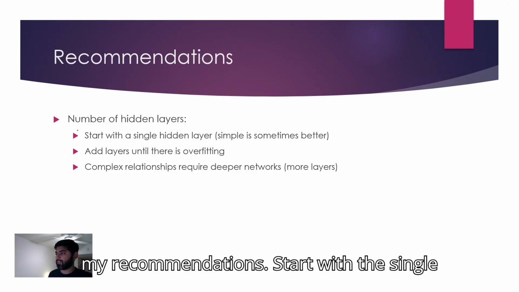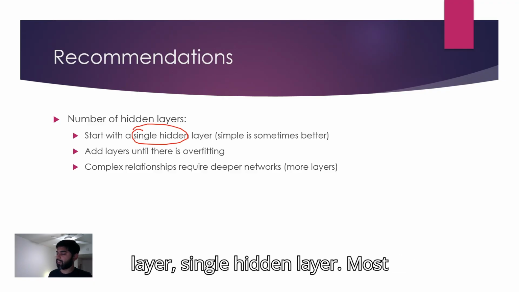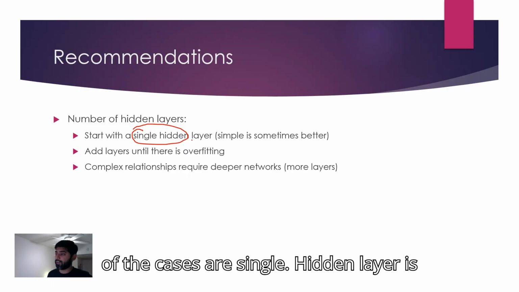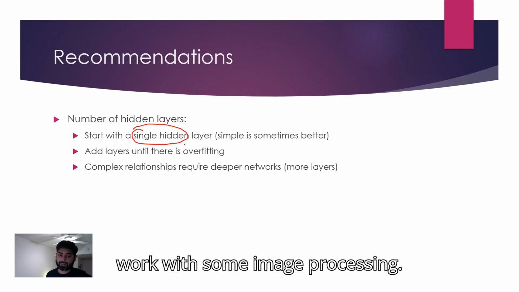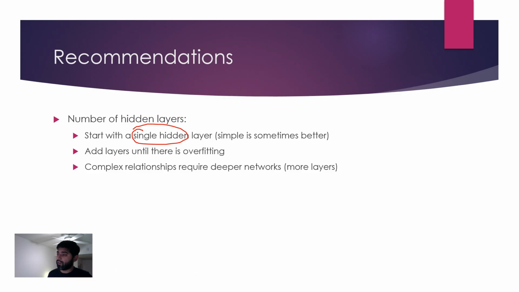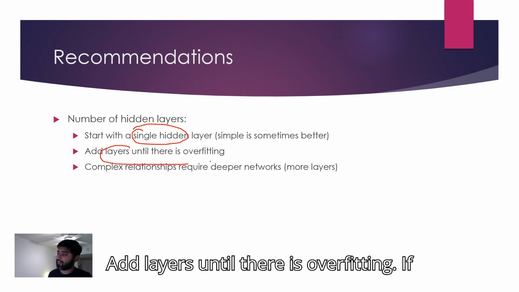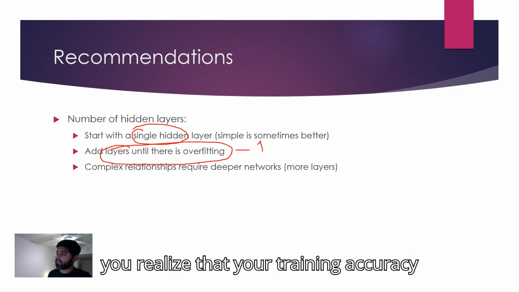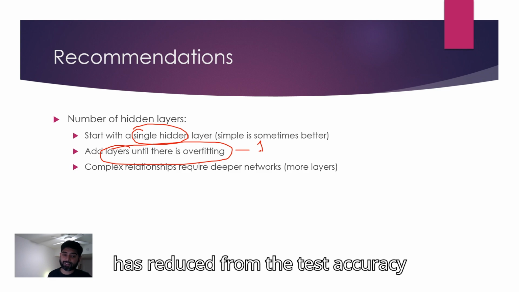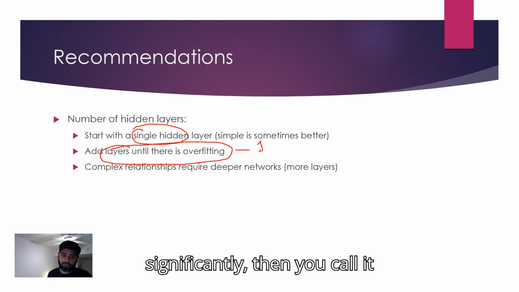Here are my recommendations. Start with a single hidden layer. Most of the cases, a single hidden layer is just good enough, unless you're trying to work with some image processing. All right, add layers until there is overfitting. If you realize that your train accuracy has reduced from the test accuracy significantly, then you call it overfitting.